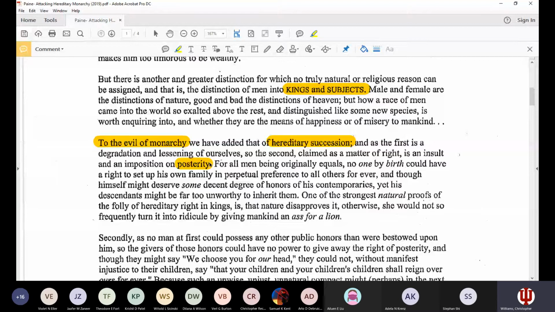Because you could have a situation where a family rules a country, if everything works out well, for over 100, 150 years, 200 years. And think about how many lifetimes that is.